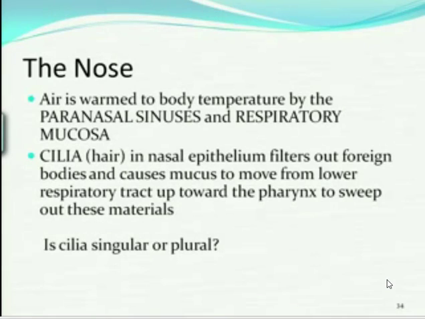So imagine you've got these teeny, teeny, fine little hair-like structures in your respiratory tract, and that's moving mucus up from the lower regions. So cilia, is that word singular or is it plural? So cilia is plural. So cilium, cilia, bacterium, bacteria.